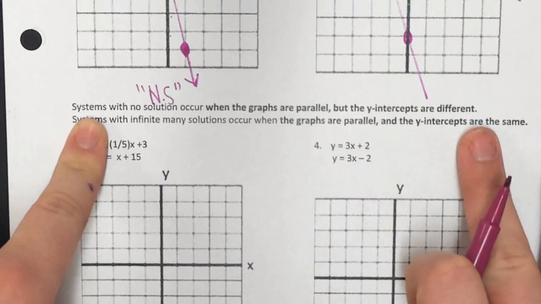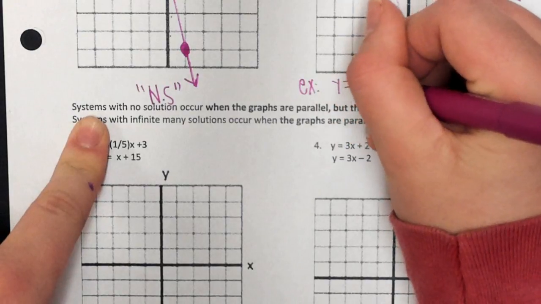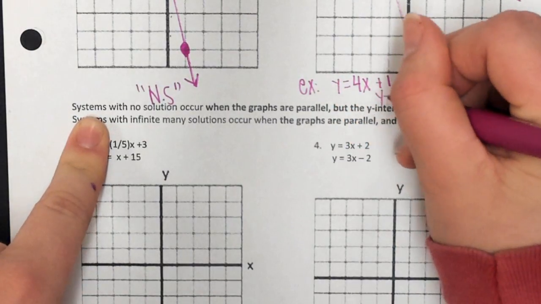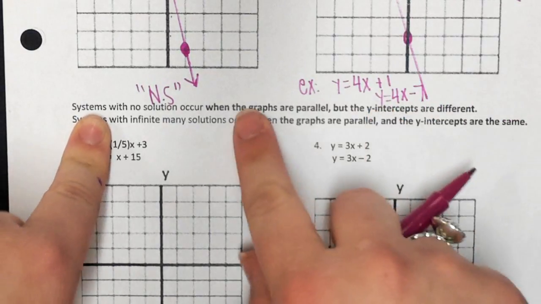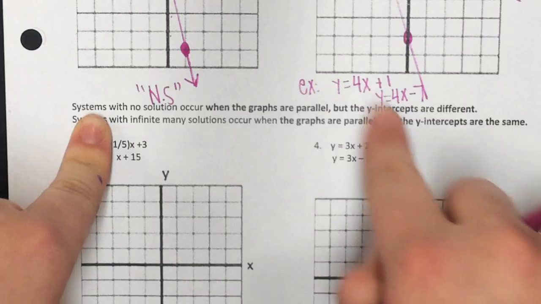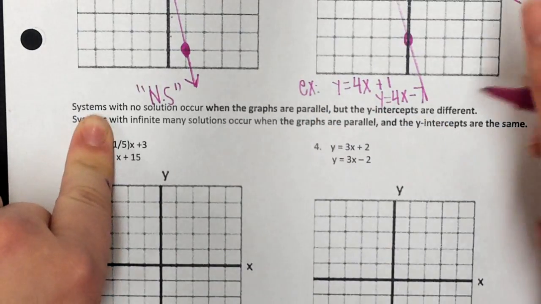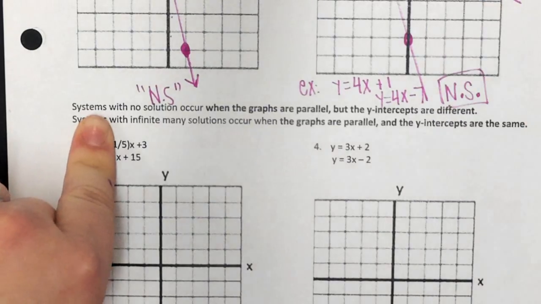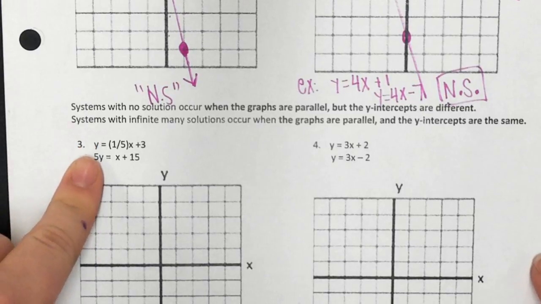So let me draw you an example. If you have y equals 4x plus 1 and y equals 4x minus 7, those have the same slope, so they're parallel, but the y-intercepts are different, which means that this equation system does not have any solutions. Okay? And we're going to do an example.